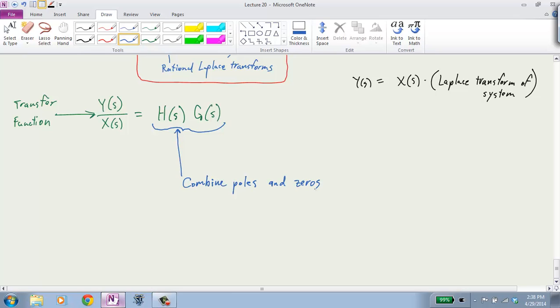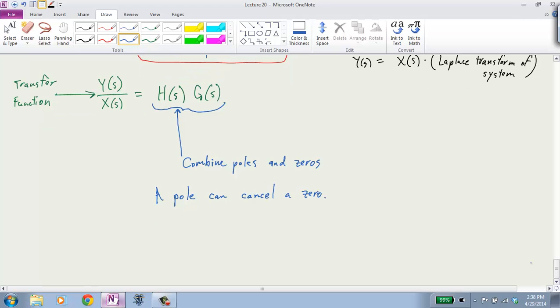Now, what that means is you also have to take into account that a pole can cancel a zero if they're in the same place. So a pole from one system in the same place as a zero from another system can cancel. So if one system has a zero exactly where the other one has a pole, then when you cascade them, there's no pole there anymore.